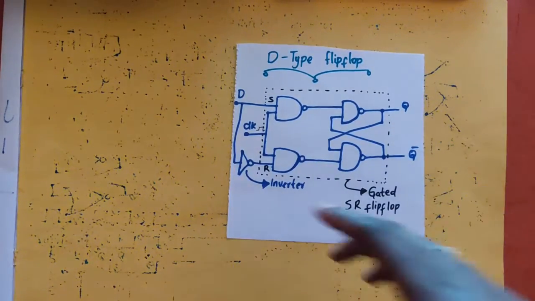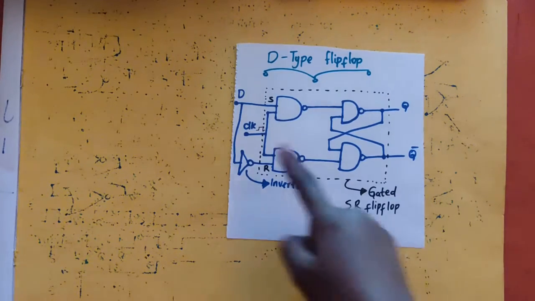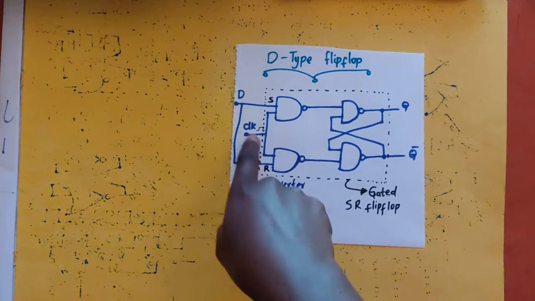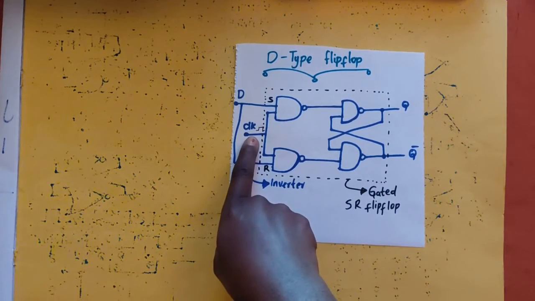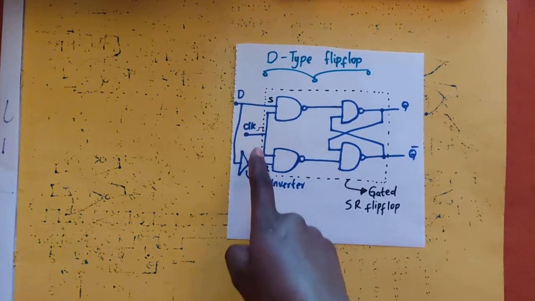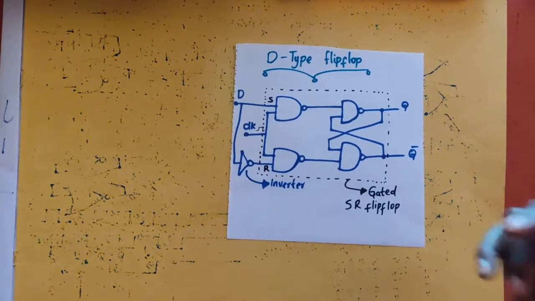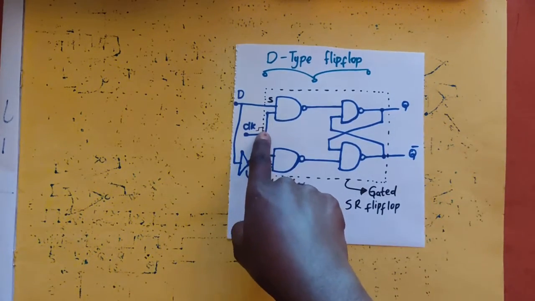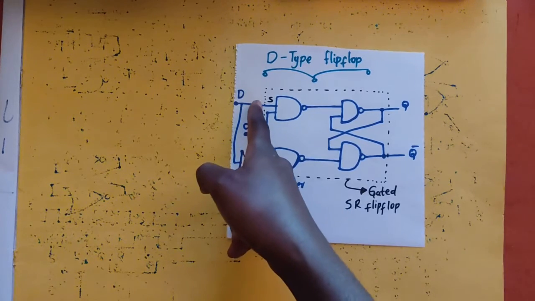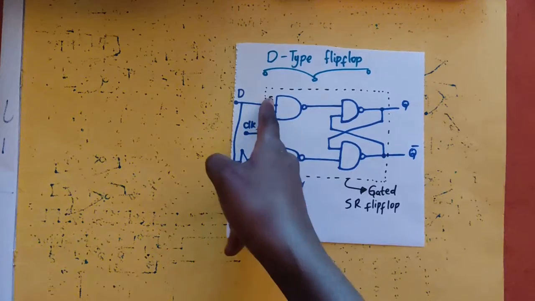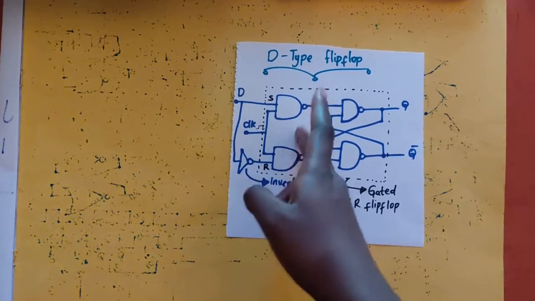In order to avoid that change every single time, we have a clock. The flip-flops are edge triggered, the latch is level triggered. So this is edge triggered, either on the positive or the negative edge.